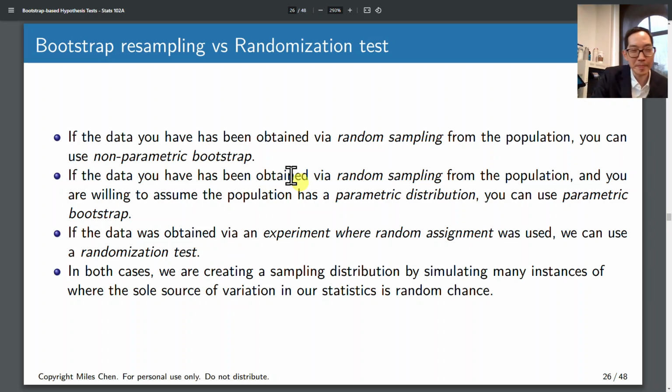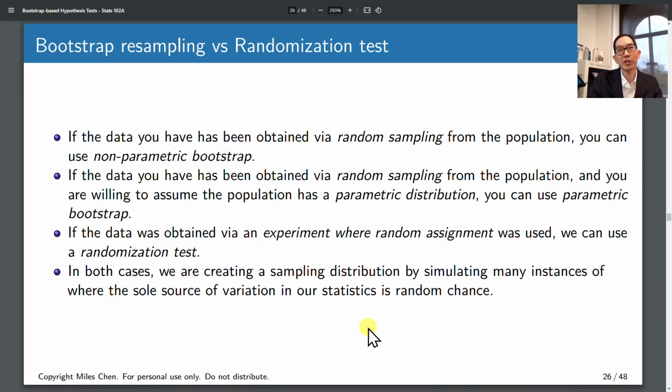Sampling with replacement would work if you have a random sample. But in both of these cases, we're trying to simulate the sampling distribution and say the source of variation is basically the random process.